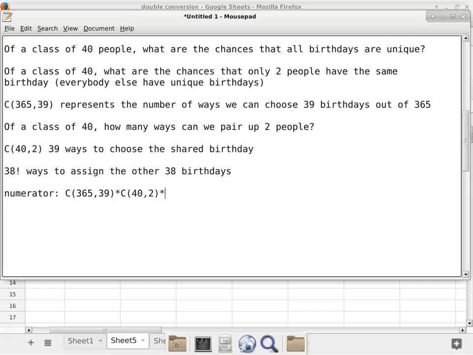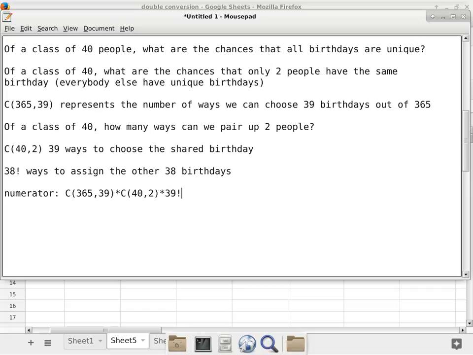And then those 2 people have this many choices out of the 39 days that I have already chosen out of 365 days. And then the rest of the class has 38 factorial ways to assign the remaining 38 days. But since we have 39 times 38 factorial, we can simplify that to just that.